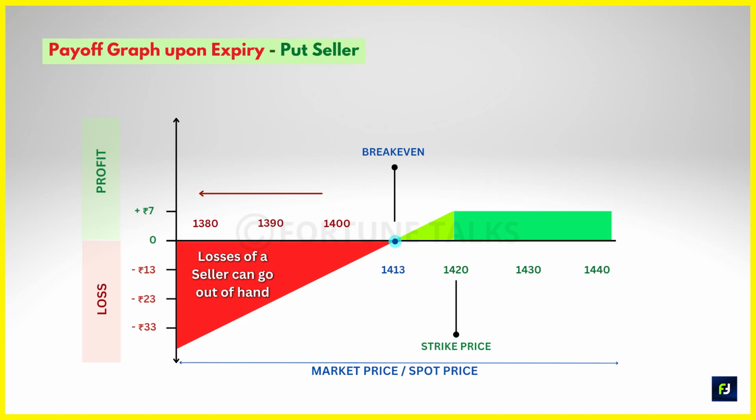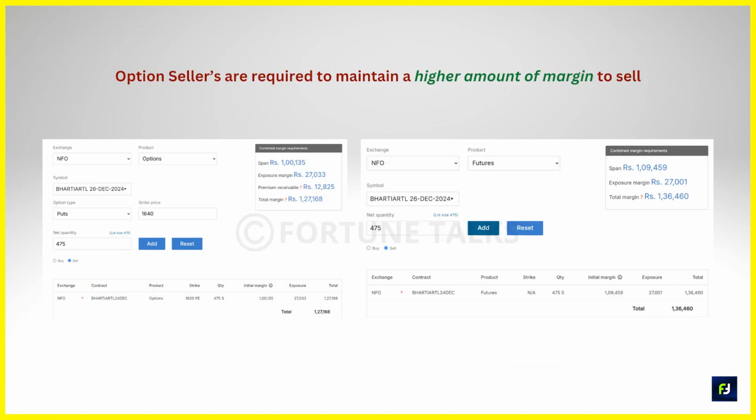This is important to consider because what if the loss becomes so large that the seller won't be able to manage it? And even worse, what if the seller defaults on the contract? The exchanges and brokers don't want to risk this at all. This is the reason why there is a high barrier for entry when it comes to selling options. You are required to maintain a higher amount of margin in order to sell even one lot of an option contract.